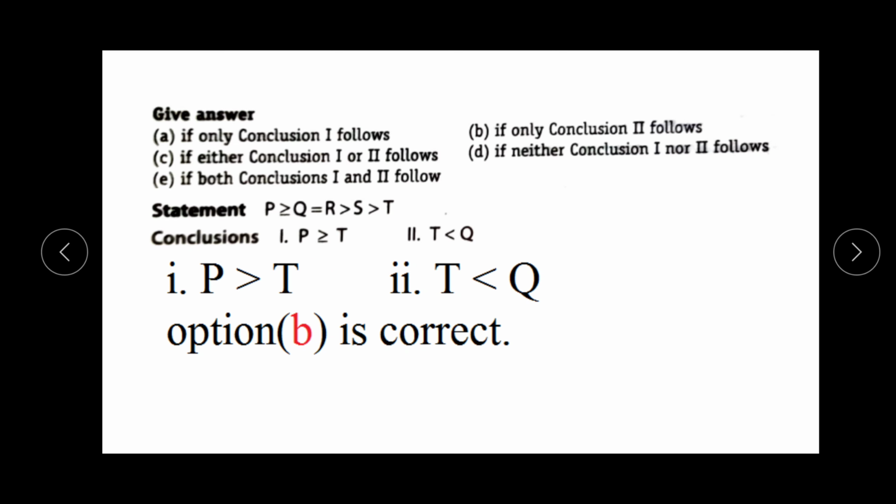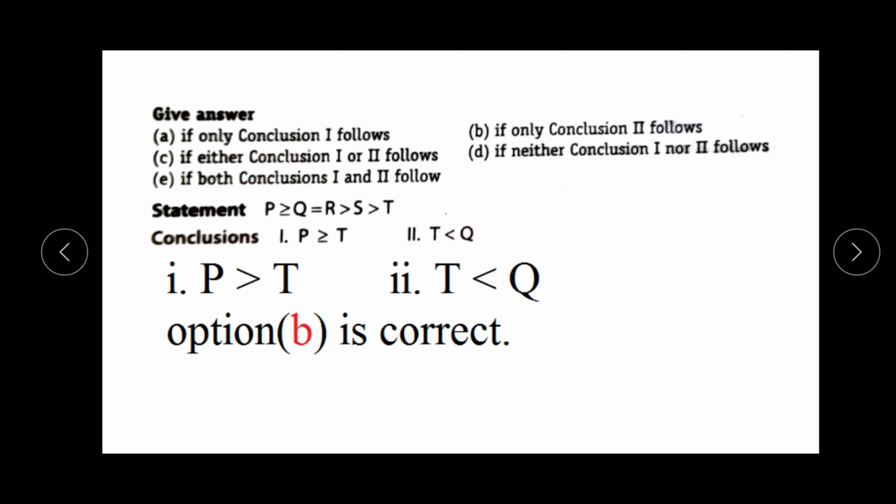The third option is if either conclusion one or two follows. It means either conclusion one will follow or conclusion two will follow. Both cannot follow and both cannot fail to follow; only one of them will follow, but we don't know which one exactly.